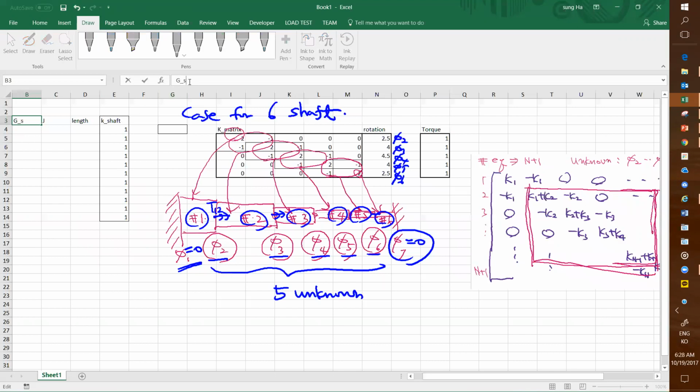I will call it G shear, since only one character is not recommended. J is the inertia. So let's give a name here.